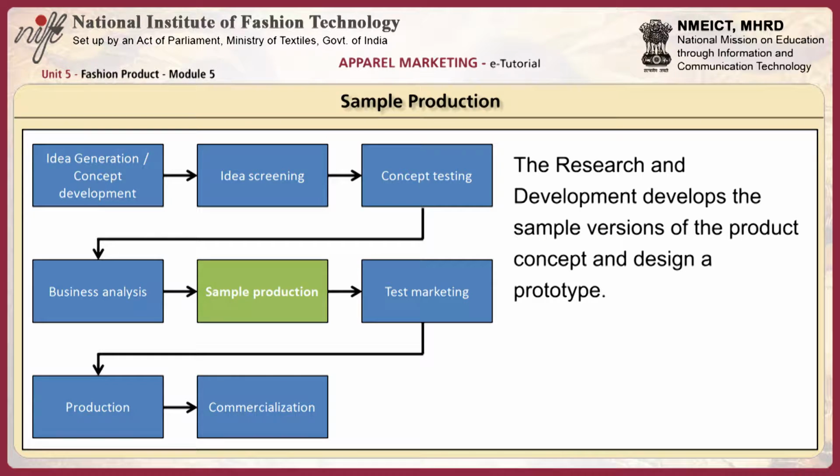The R&D, that is research and development, develops the sample versions of the product concept. They design a prototype that will excite and satisfy consumers and that can be produced quickly and at budgeted costs.